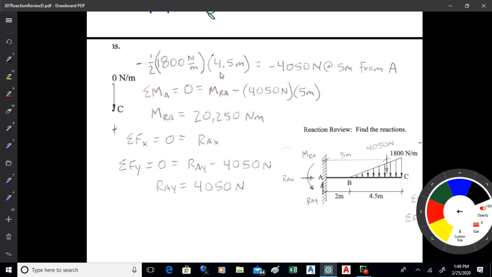So why don't we get a couple of these moment of inertia problems. How about 322 and 323?